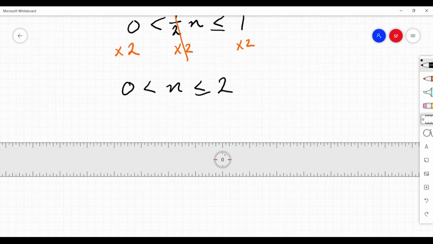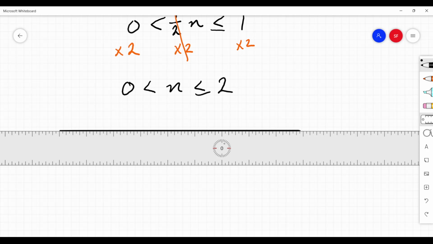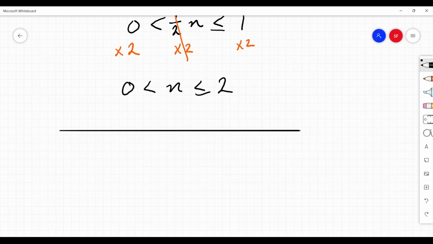And then when we graph it, we would put a 0 and count 1, 2. We would do an open circle here, right? And a closed circle there. Yes. And we'd shade in between them.